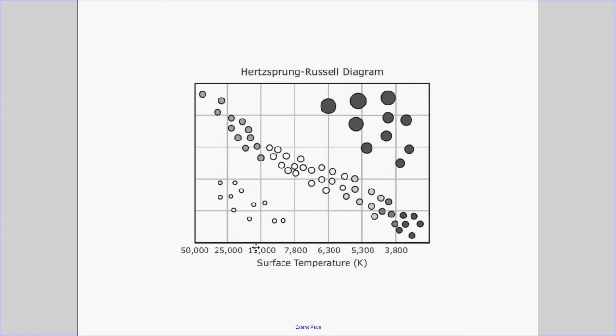So if we look at this, we can interpret this graph and say that these stars over on this side are cooler than these stars over on this side. In fact, these are about 50,000 degrees over here, and these are less than 3,800 degrees over here.